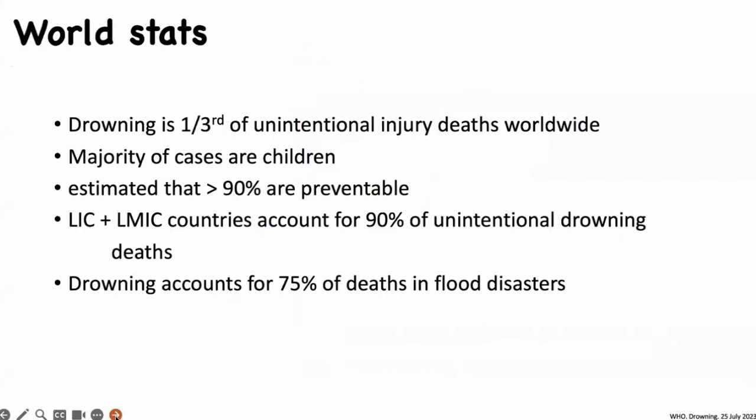The unfortunate stat is that it's estimated that about 90% of drownings are actually preventable. 90% also of the unintentional drowning deaths around the world occur in low-income countries and low-middle-income countries. And when we have flood disasters, up to 75% of the deaths are from drowning.